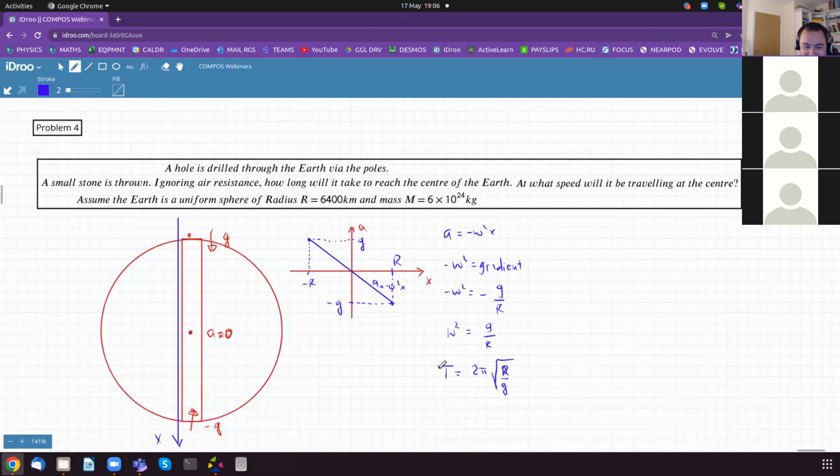This is nice. But T is the time period of the oscillation. How long in terms of T will it take to reach the center?